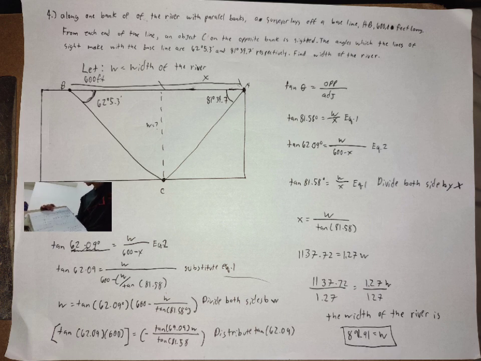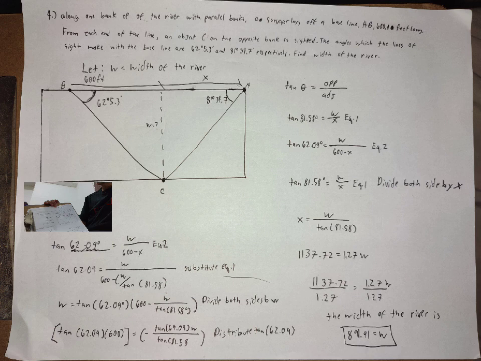From each end of the line, an object on the opposite bank is sighted. The angles which the lines of sight make with the baseline are 62 degrees 5.3 minutes and 81 degrees 34.7 minutes respectively. Find the width of the river.